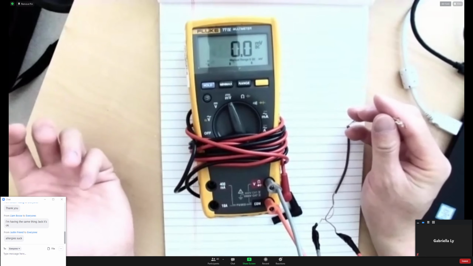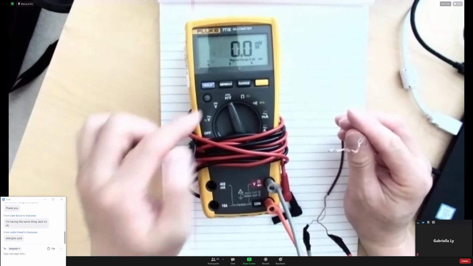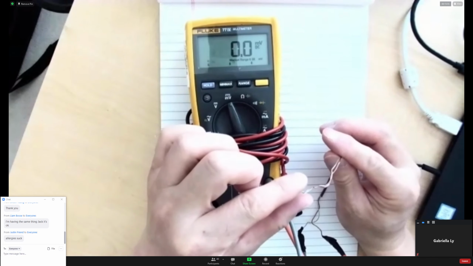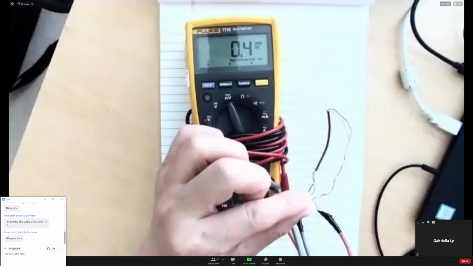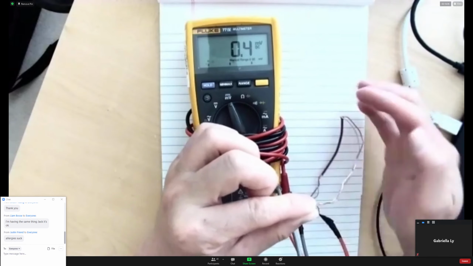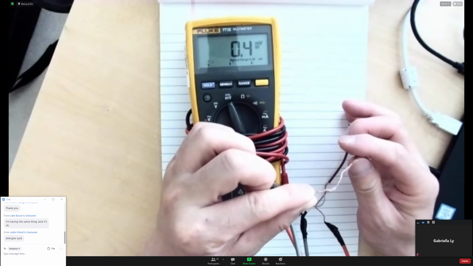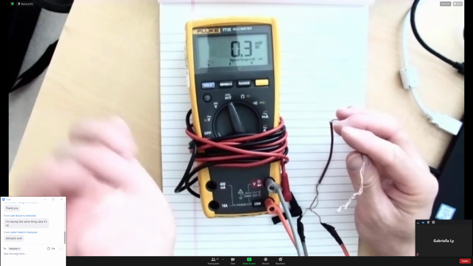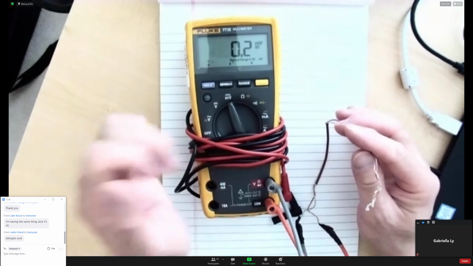Now this junction is at ambient temperature, like room temperature, so you read 0 millivolts. If I use my hand to hold the terminal, my body temperature is for sure higher than the room temperature. So you can see a millivolt reading on there, 0.4 millivolts. So I let my hand go. You have to wait a little bit for the temperature to drop to room temperature, but you can see the voltage is dropping.